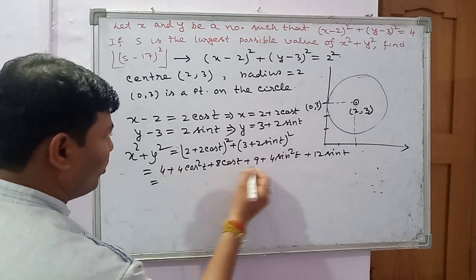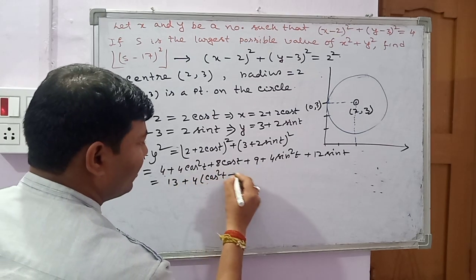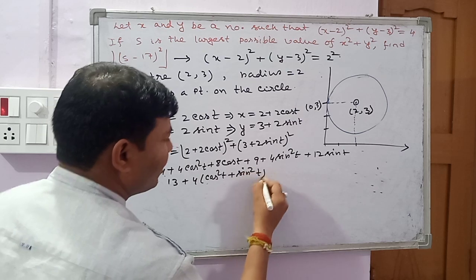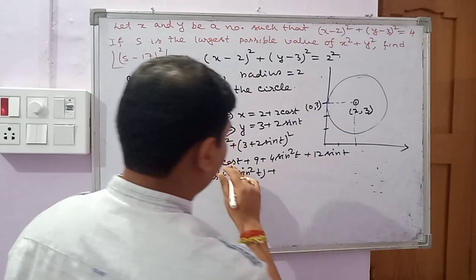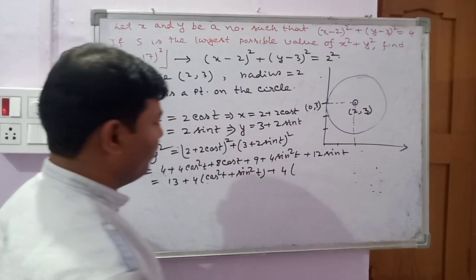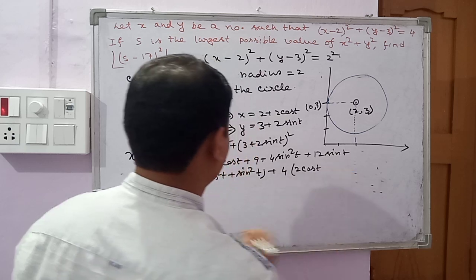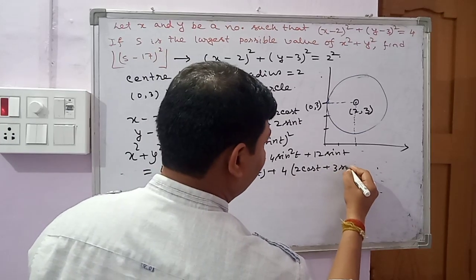So we are getting 4 plus 9, 13, plus 4 into (cos square t plus sin square t) plus 8 cos t plus 12 sin t. If we take a common 4, this will be 2 cos t plus 3 sin t.